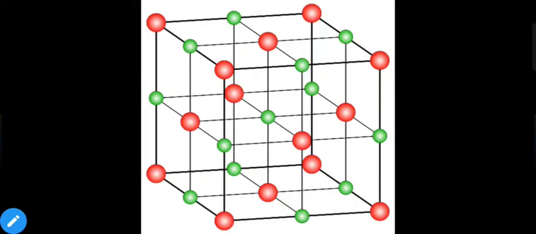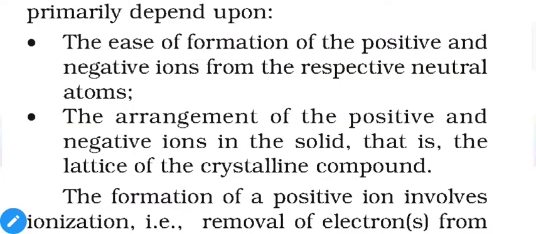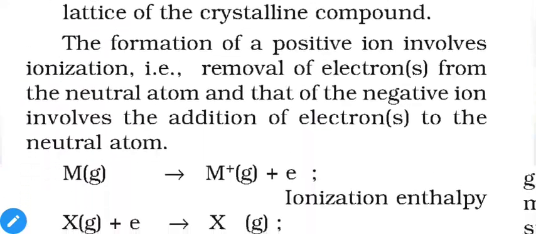Adjacent particles are in contact with each other. To represent the actual arrangement of these constituent particles, we join them with straight lines. The straight line represents that they are in contact, and this is called the lattice. So the second point is the arrangement of positive and negative ions in the solid, that is the lattice of the crystalline compound, the arrangement of constituent particles in a proper manner.